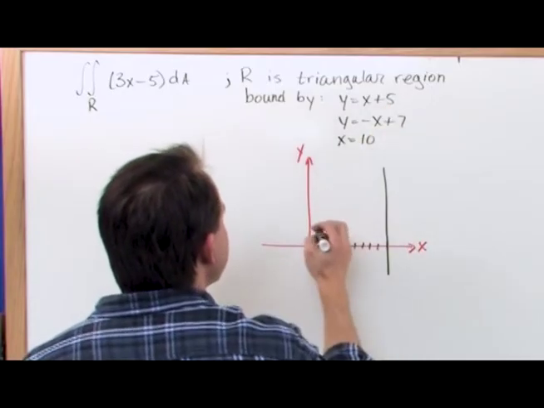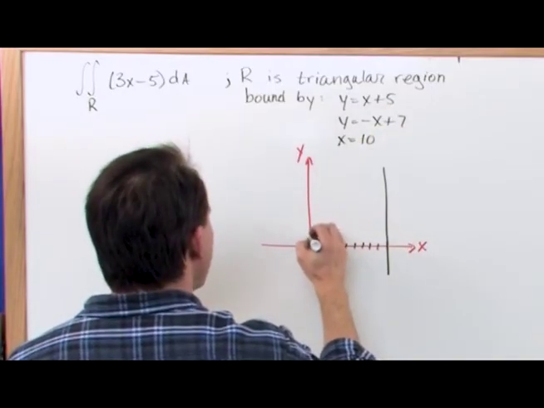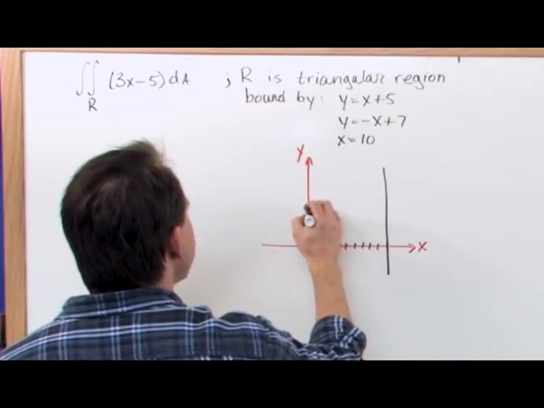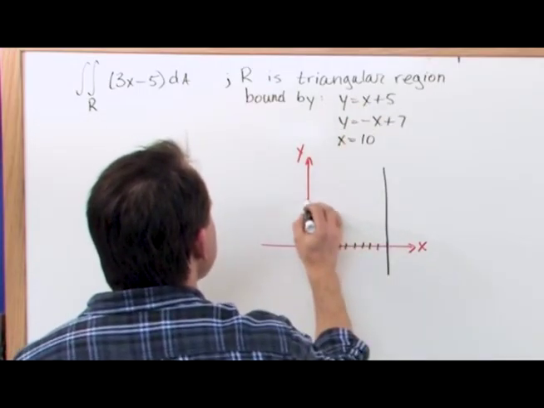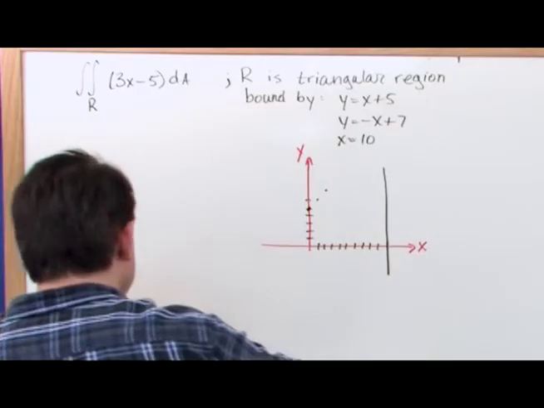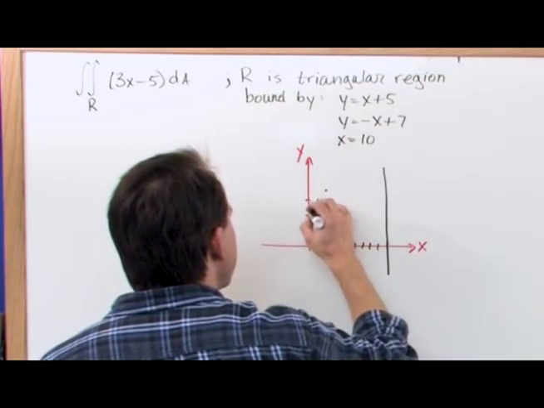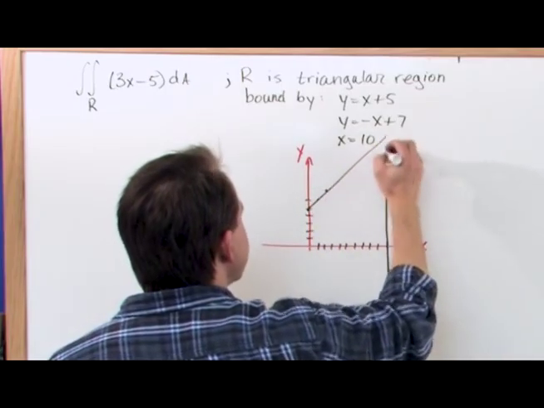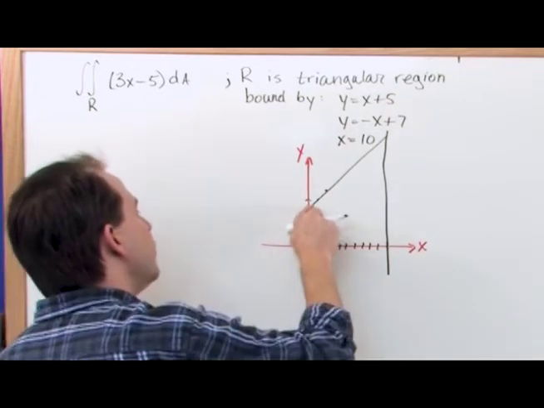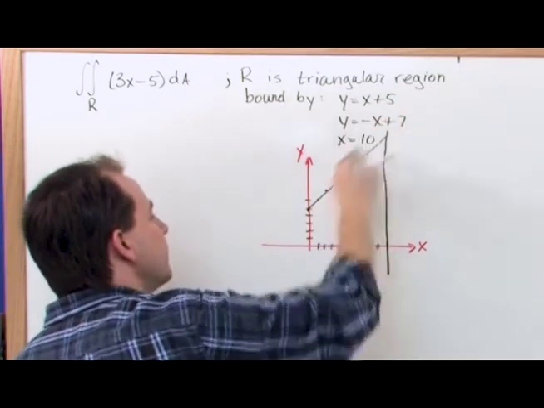The y-intercept is 5. 1, 2, 3, 4, 5. The slope is 1, so it means it goes up 1 and over 1. Up 1, over 1. So this is going to go up like this. Y-intercept of 5, slope of positive 1.